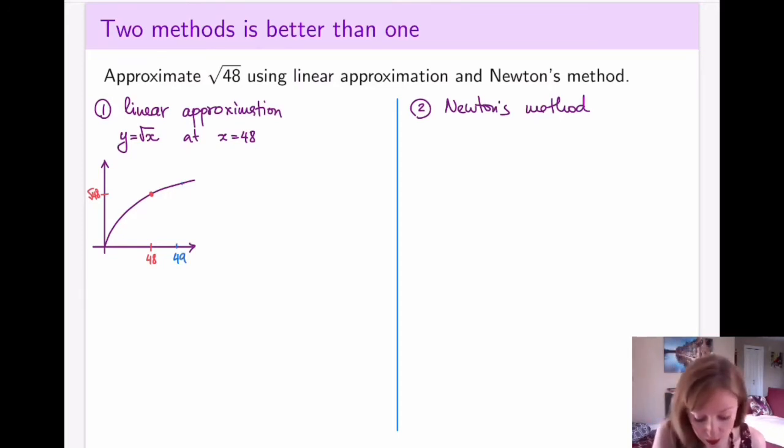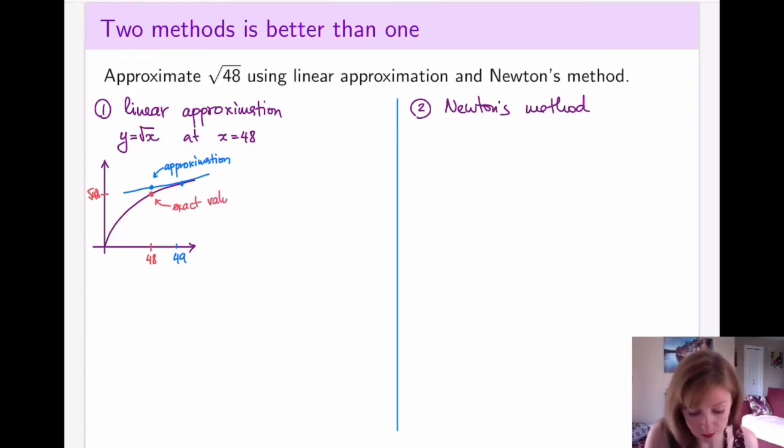So the method will say at 49, we're going to build ourselves a tangent line and then compute on that tangent line the point that corresponds to 48. And that is going to be our approximation. So this is going to be my approximation here, whereas the corresponding point on the actual curve is the exact value.